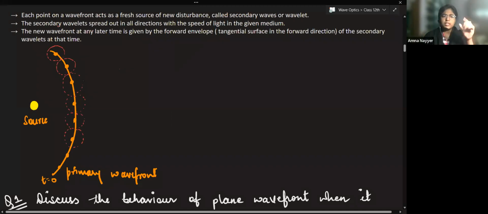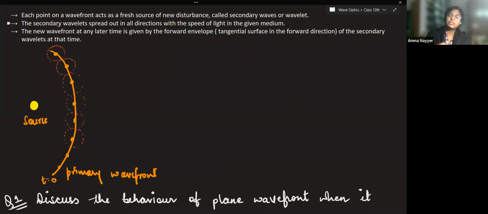All these point sources, the way this orange line was the primary wavefront for this yellow source, similarly all these red dotted lines are now new wavefronts for these new point sources. Like this, all these will lead to formation of new waves. So this is now known as secondary wavefront, wavelet you can say.